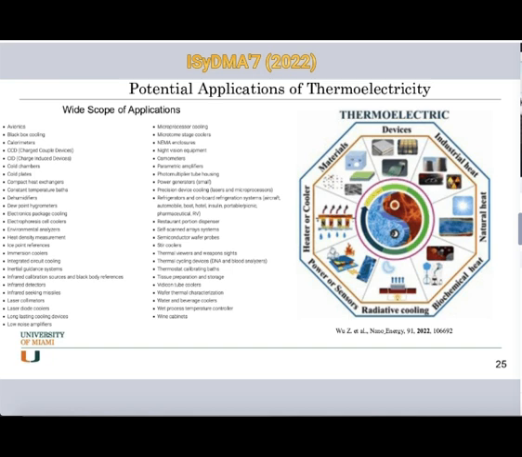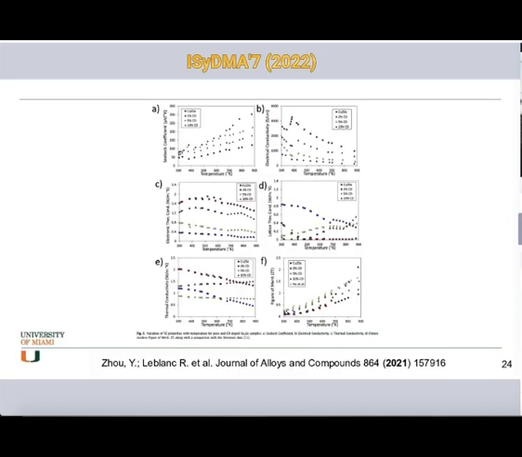Before talking about the results, in terms of potential application, we have something like 50 applications related to the thermoelectric effect. What we intend to do with this copper selenium is to see whether it is possible to increase the thermoelectric effect in this material using carbon dioxide. That's the main idea.